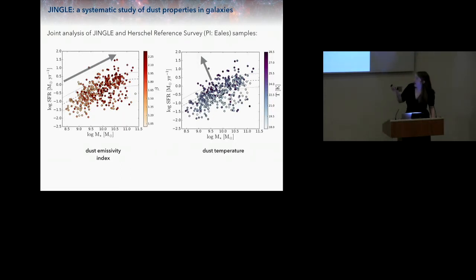And for the first time, we're able to find some relations between the dust composition, the temperature, the grain size, and so on, and how that varies across the entire galaxy population. That will allow us to significantly increase the accuracy of our dust and gas measurements. So the kind of stuff I was showing you early on, we'll be able to push that to more distant galaxies, as well as to lower mass galaxies in the local universe.